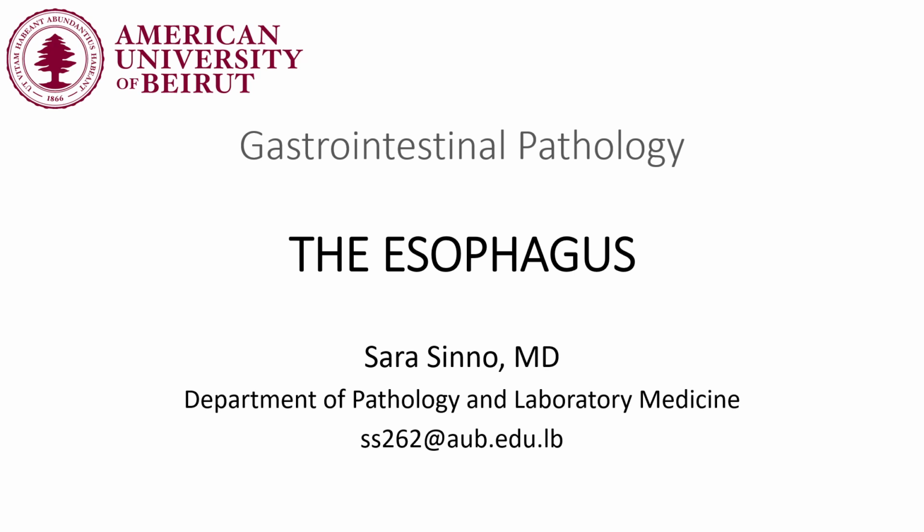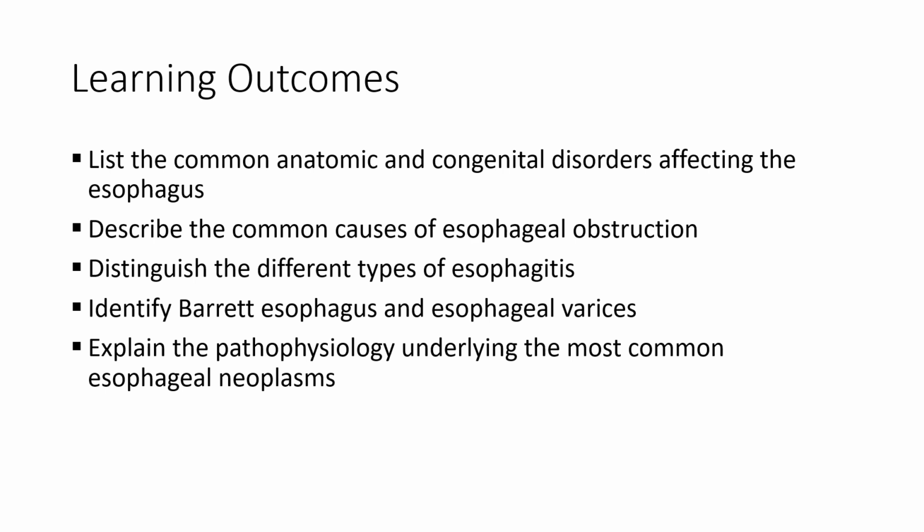There will be a total of 5 lectures, and in this lecture we will start with the pathology of the esophagus. There are different learning outcomes that we aim to achieve in this session, and these are: you should be able to list the common anatomic and congenital disorders affecting the esophagus.